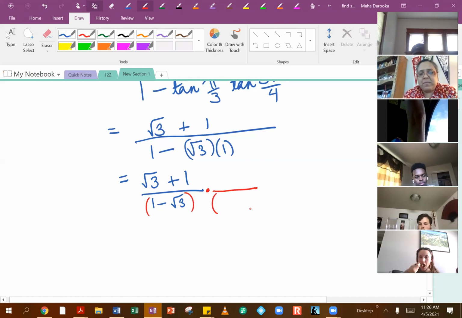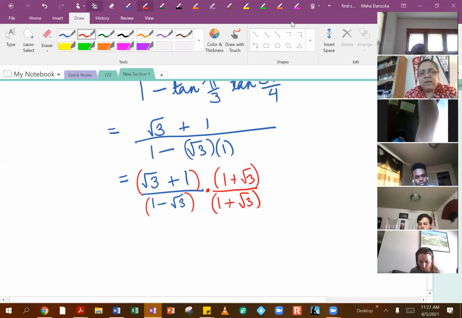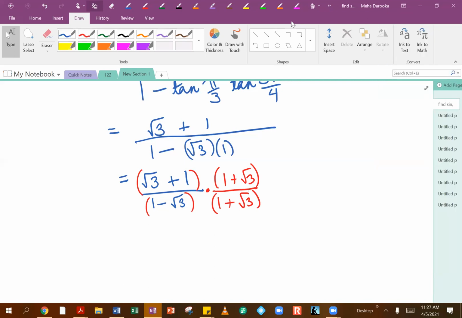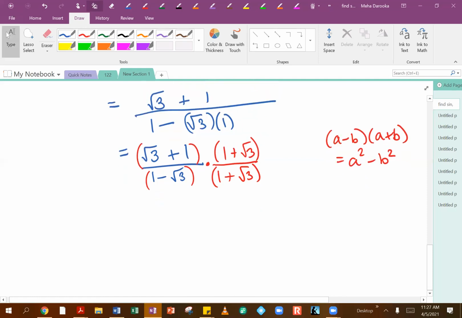Since this is 1 minus, you will multiply it by 1 plus square root of 3. And remember, the reason we are multiplying by the conjugate is so that we can use this property: a minus b multiplied by a plus b ends up giving us a squared minus b squared. So this is how we get rid of those radicals in the denominator.